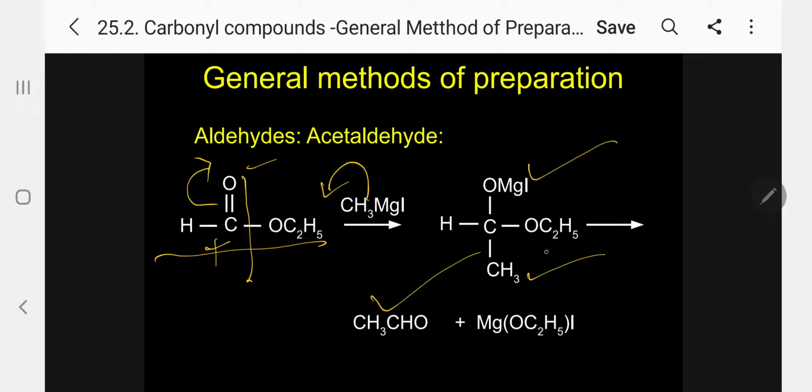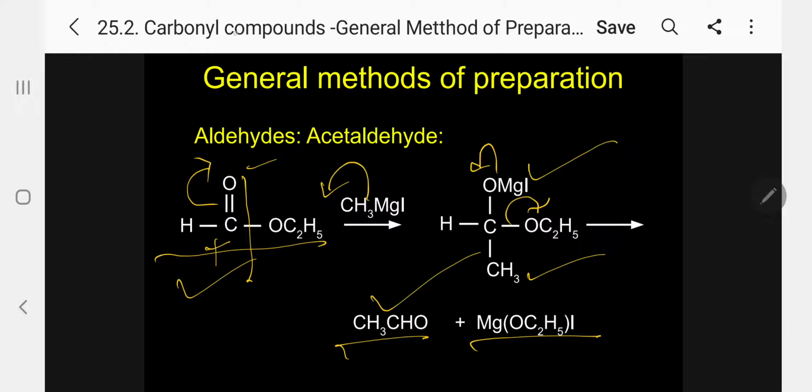This is unstable. Kindly follow. So from this what will happen now? This MgI and this OC2H5 are going out, producing acetaldehyde and MgOC2H5I is formed.